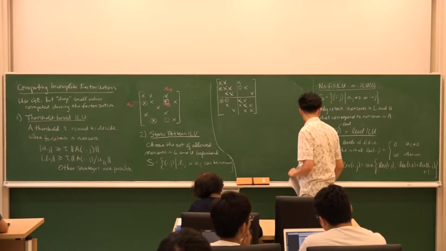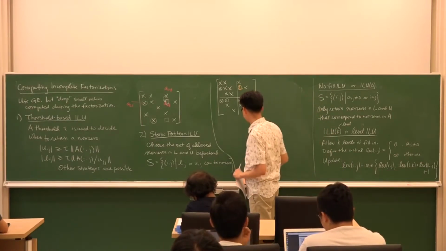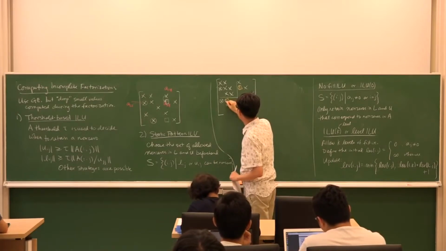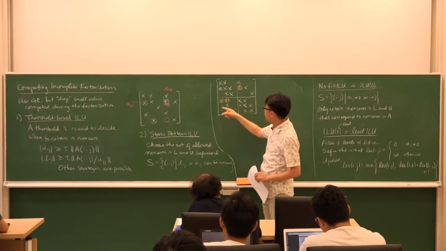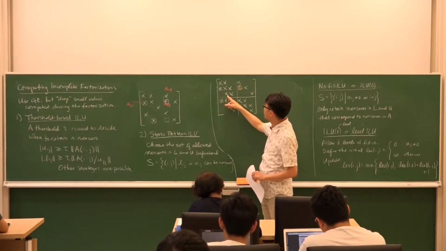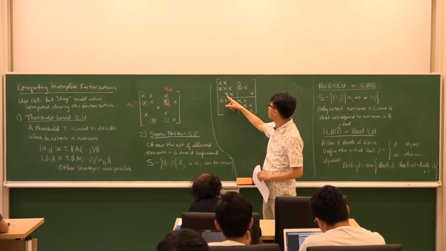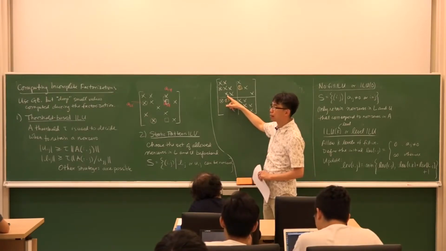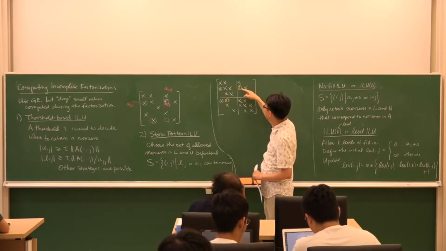Maybe I should try to use some colors. Okay, so now we've done the first column. Let's do the second column. We're going to eliminate this one. That means adding a multiple of the second row, right?